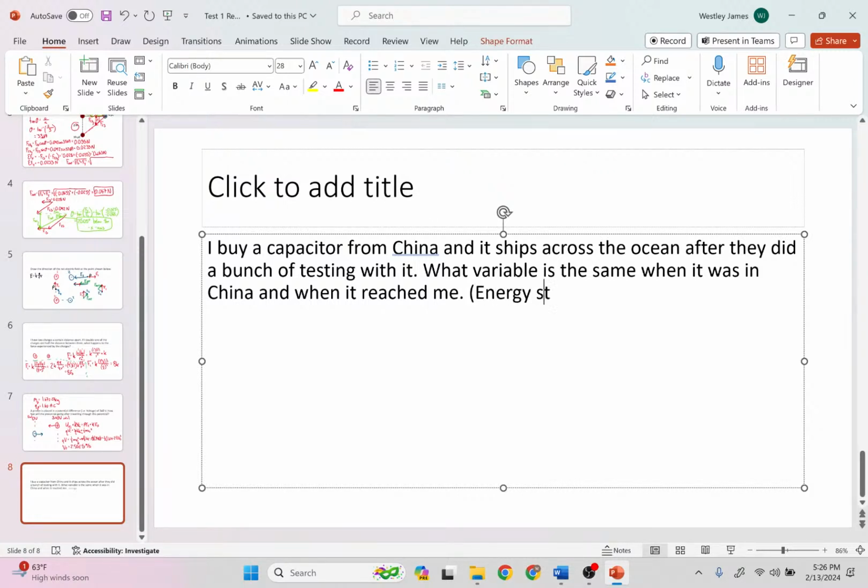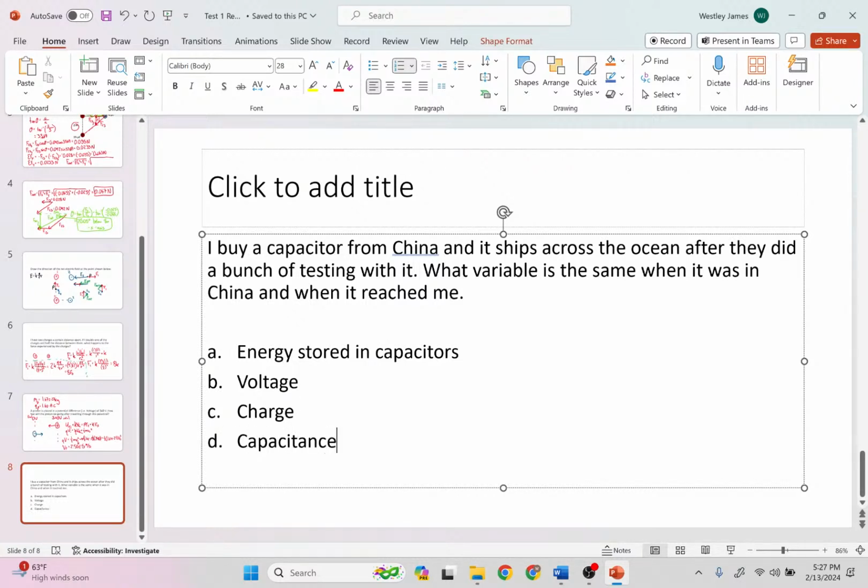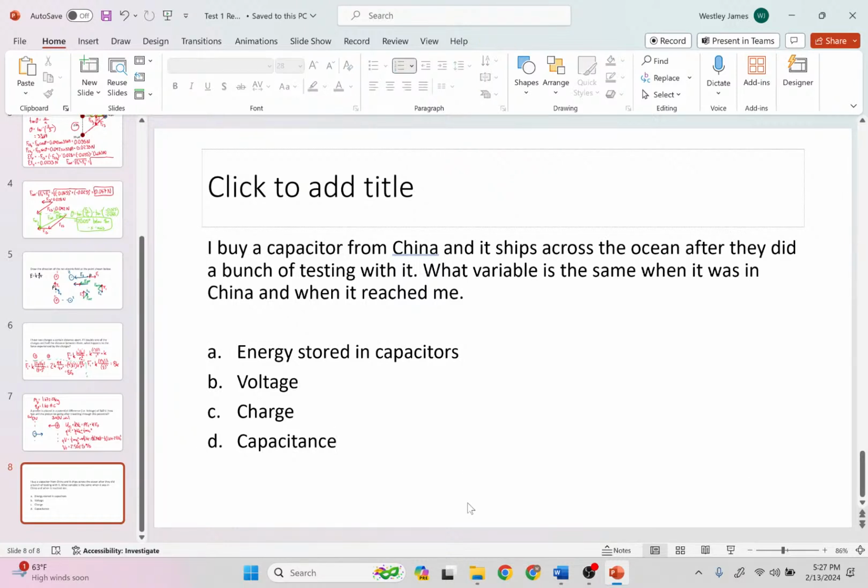Is it energy stored in the capacitor? Is it the voltage of the capacitor? Is it the charge in the capacitor? Or is it the capacitance? Which of the following will be the same?